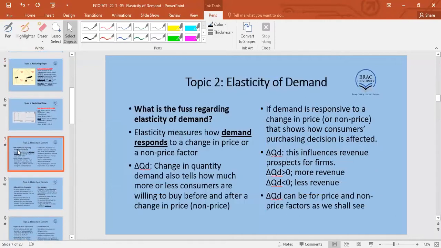So now we're looking at elasticity of demand. Acha, I don't want to get into too much technicality. Mathematics is not what we want to learn here. What we want to learn is the philosophy behind the concept of elasticity.